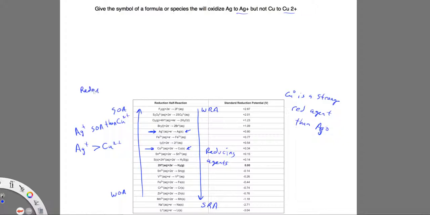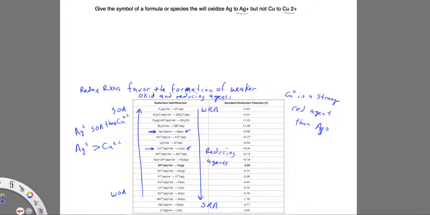Okay, and we also need to remember that redox, oxidation reduction reactions favor the formation of weaker oxidizing and reducing agents.